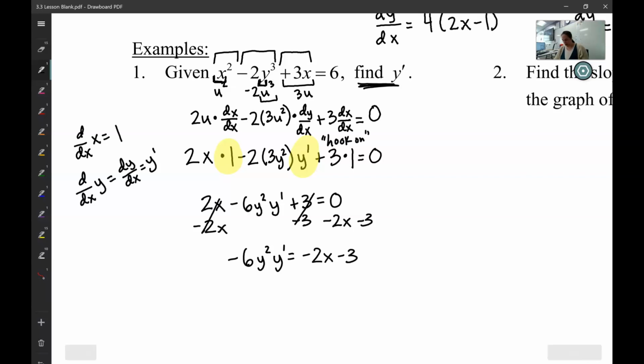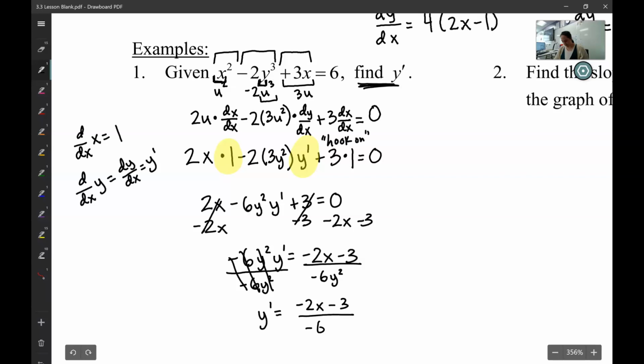So then all my y primes are on one side, everything else is on the other side. Now, I can just get rid of everything but the y prime. And now the y prime is by itself. And there's your derivative.